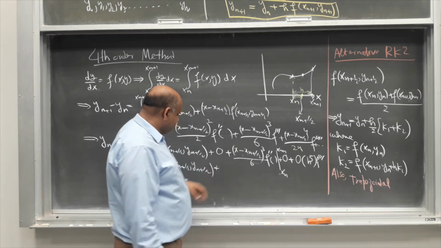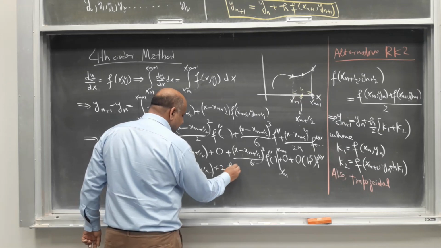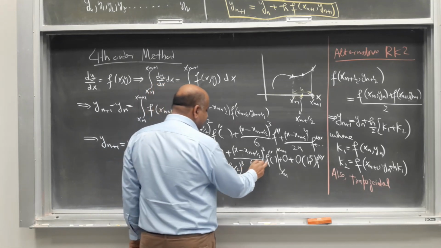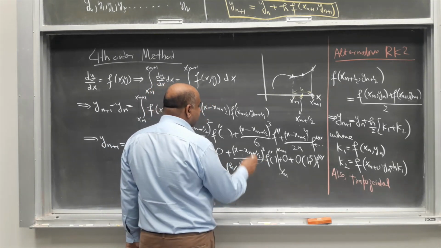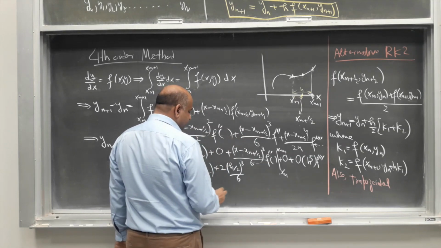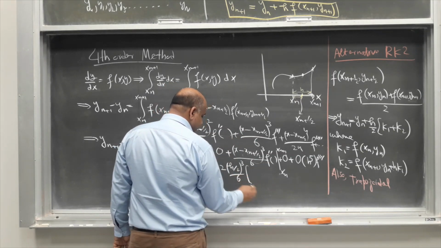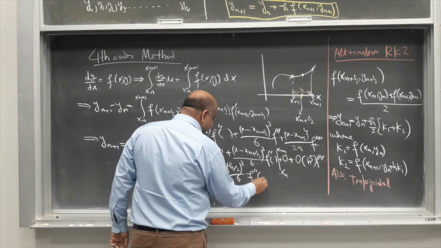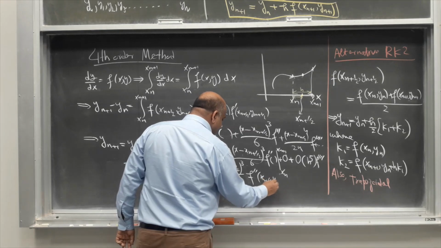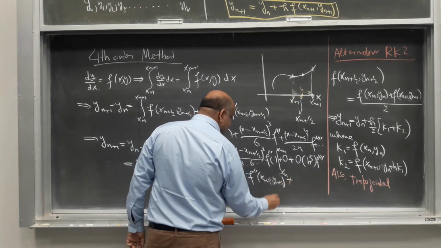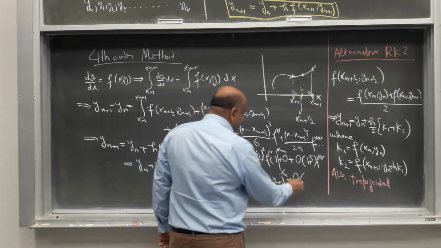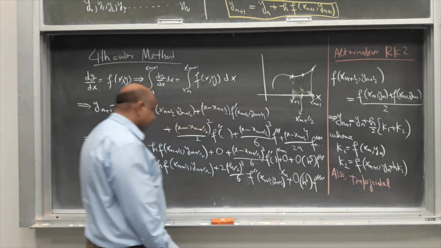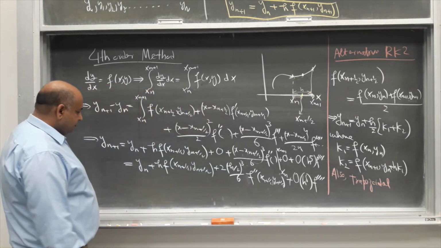So we have 2 times h by 2 cubed over 6. Now this is a double derivative evaluated at this central point, xn plus half, yn plus half, and then there is a term which is h power 5 and fourth order derivative. Okay.